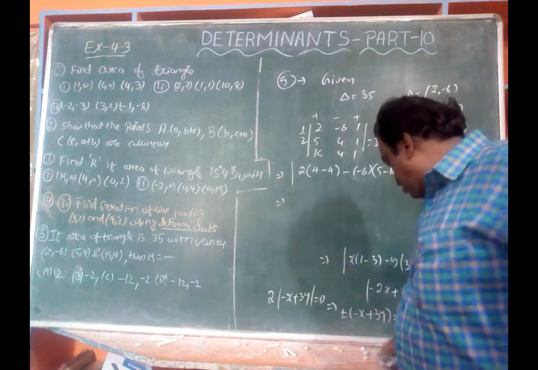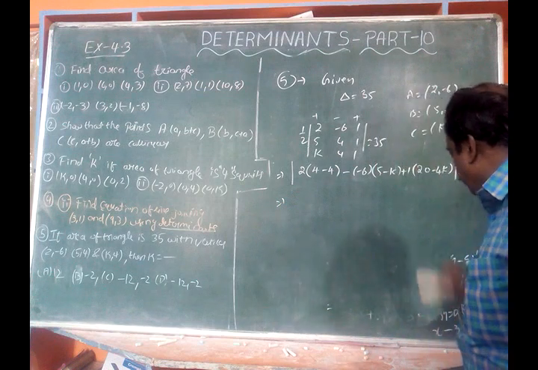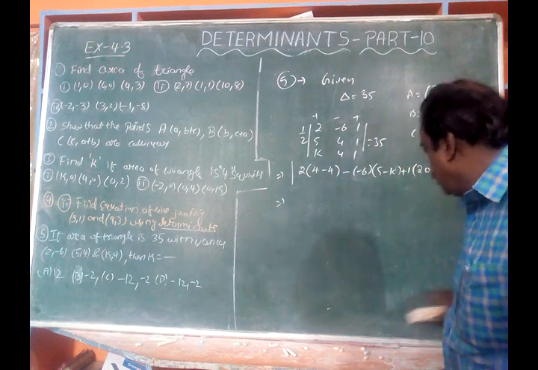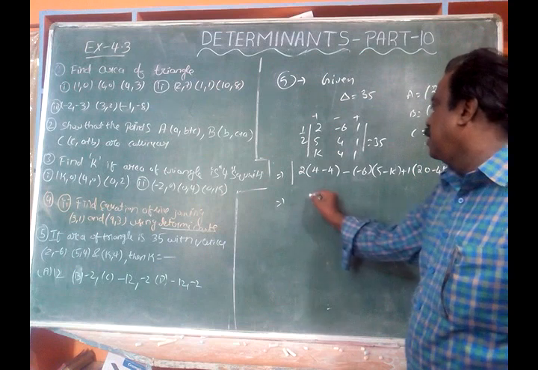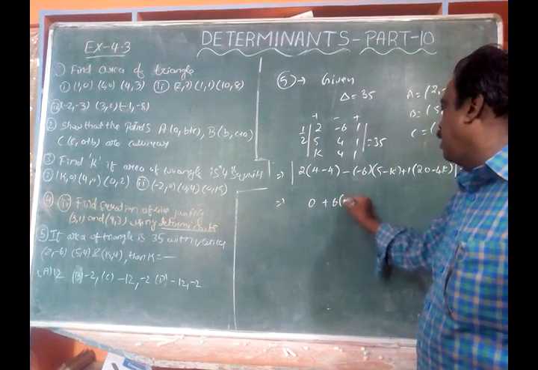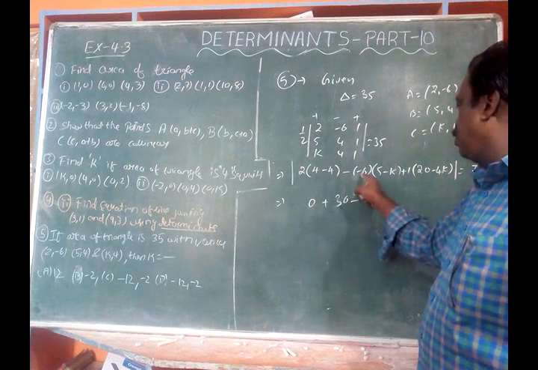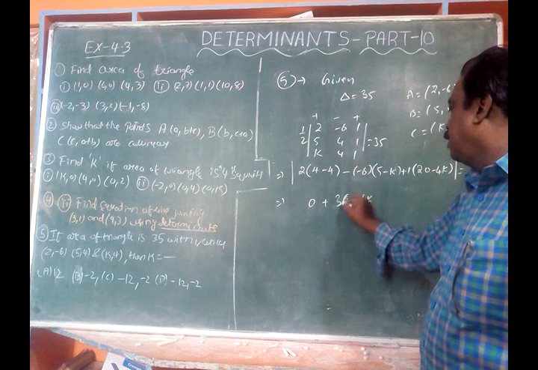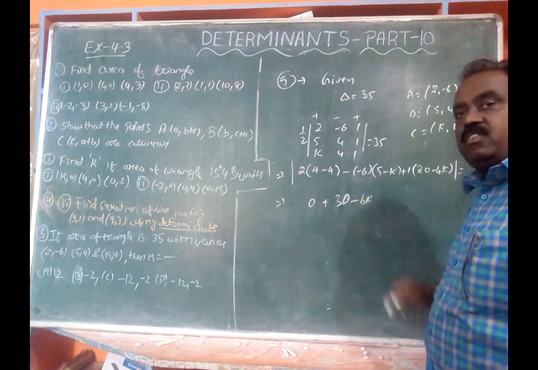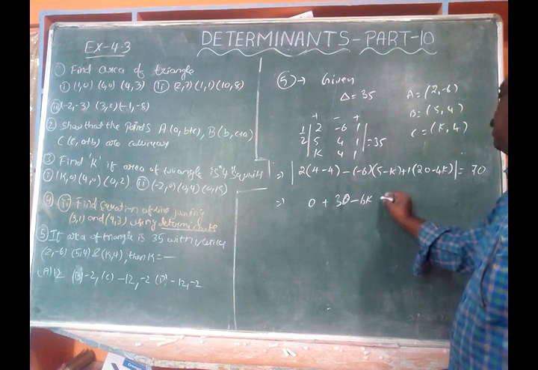Now, releasing this modulus, you see it is 0, and it is 6 plus 6, 30. It is plus 6 into minus 6k, that is 6 fives, so 30, and again 6k.